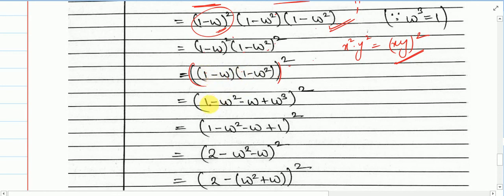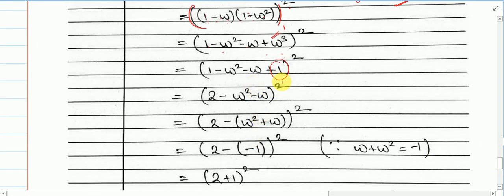Now we will open the bracket. 1 into 1, 1 into minus omega square, we get minus omega square, minus omega, plus omega cube. Now omega cube is equal to 1, so next step you get this. This 1 plus this 1 you get 2, and here we have minus omega square minus omega. You know that 1 plus omega plus omega square equal to 0, so omega plus omega square will be minus 1.